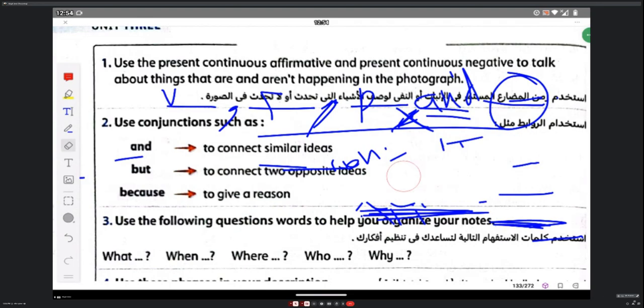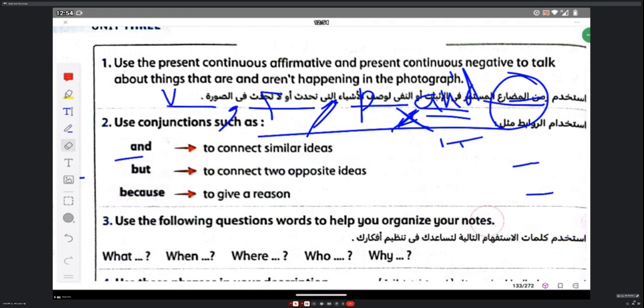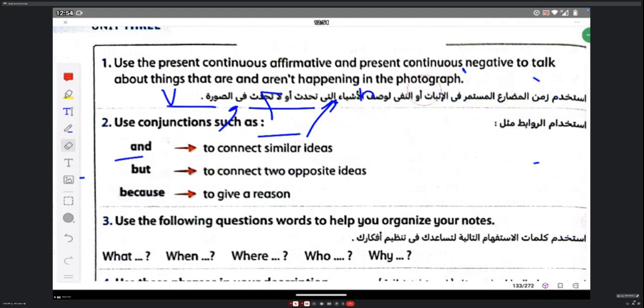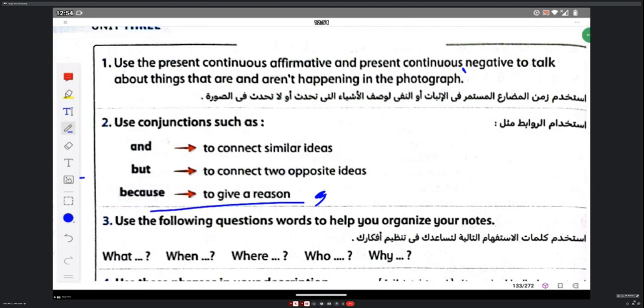Then I have a question. What about if we put a comma before because? It's wrong. The first letter B, will it be a capital letter or a small letter? If we put a comma before because, the first letter here is small.